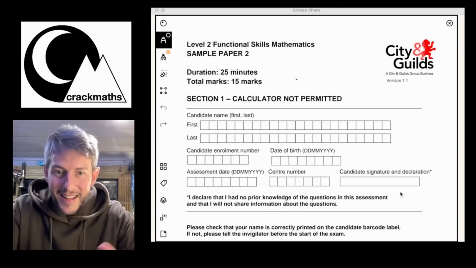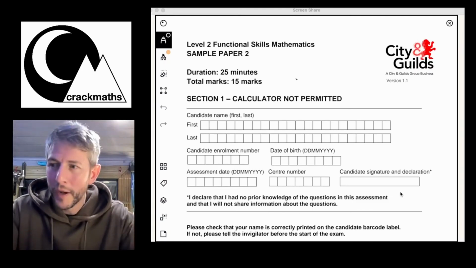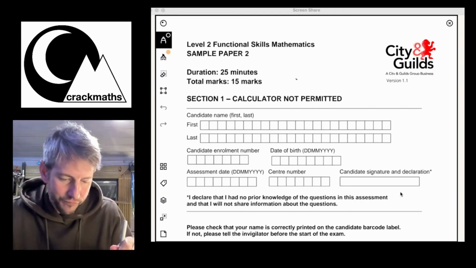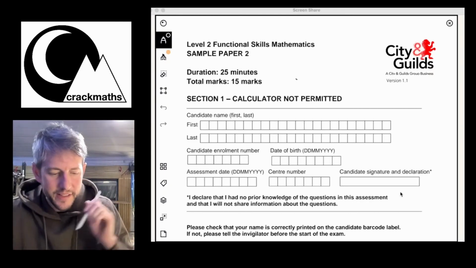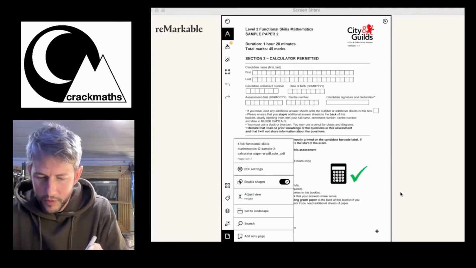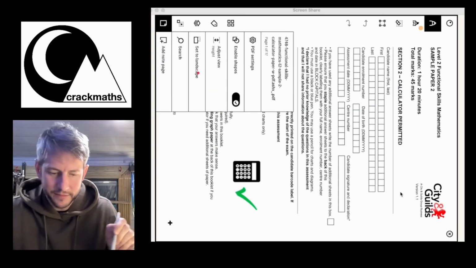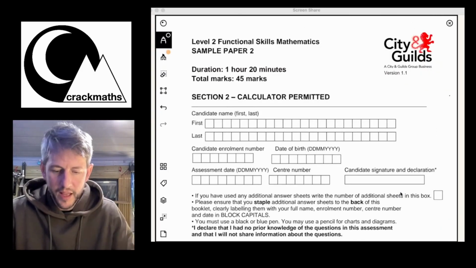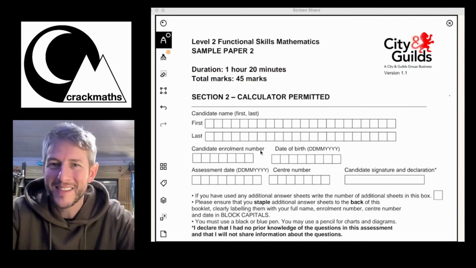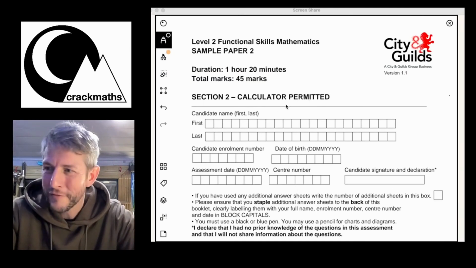Right, let's move over to part 2. For part 2, we are allowed a calculator. So here we go. I will bring up my calculator. It's an hour and 20 minutes here, so this is a bit of a race against the clock, because we've got an hour left.